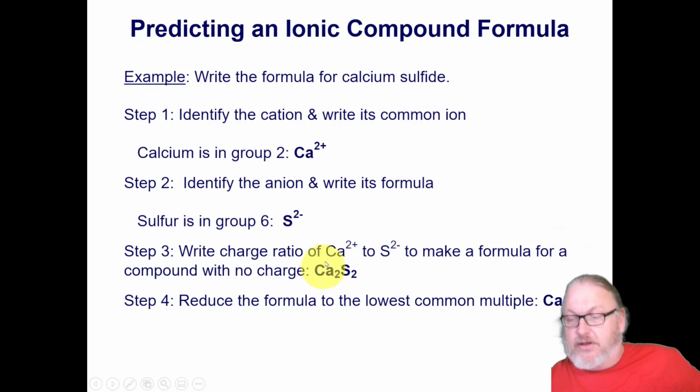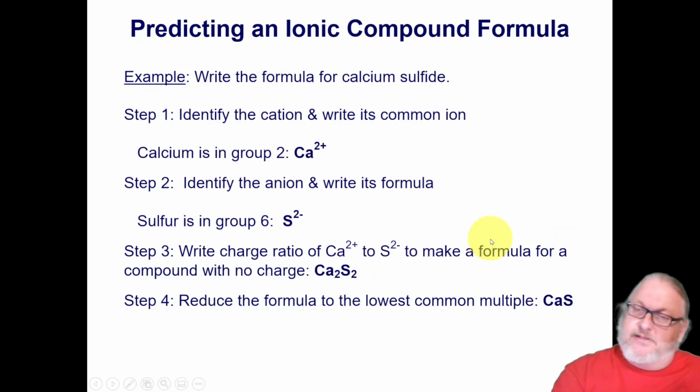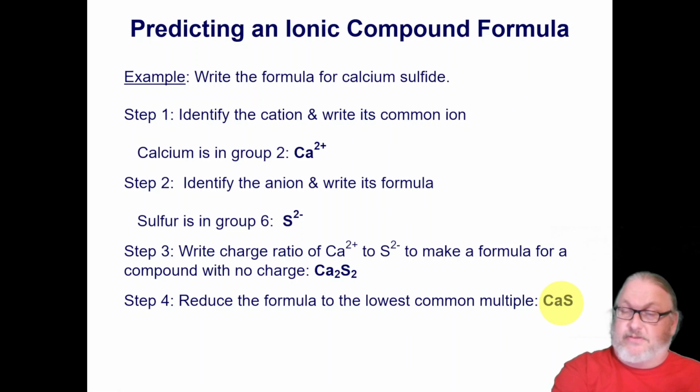I do the crisscross and come up with Ca2S2. Is that the lowest whole number ratio? No, it's not. If I divide everything by 2, I come up with CaS, and that is the lowest whole number ratio.